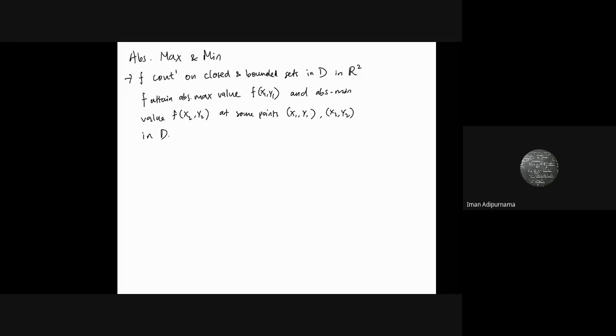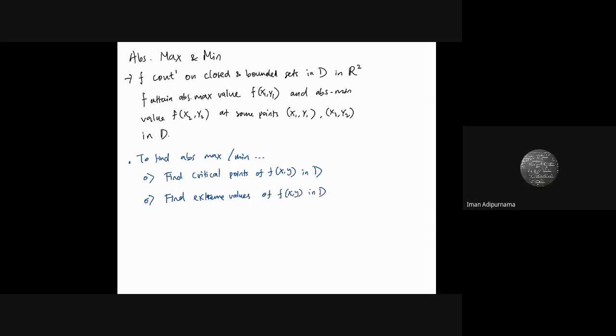And to find the absolute max or min, what we need to do is find the critical points in the domain, and then find the extreme values. Extreme values means you need to use the second derivative.